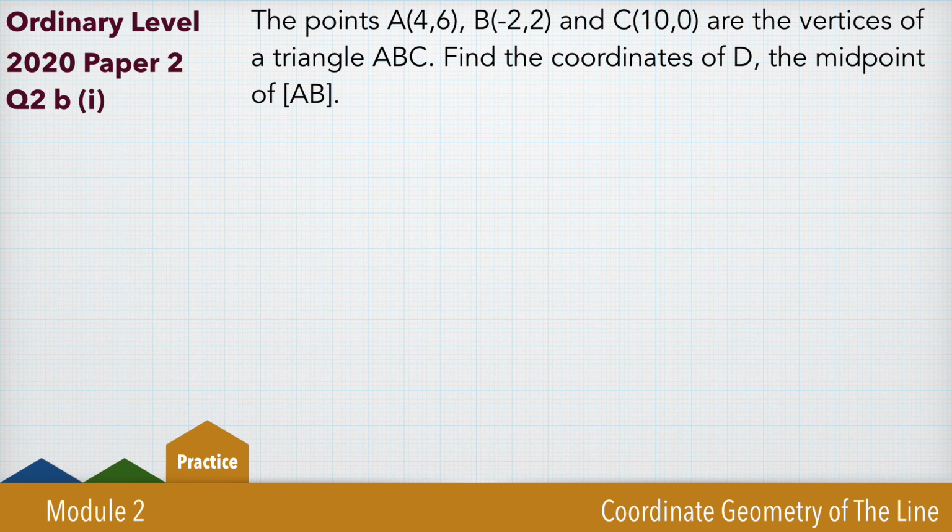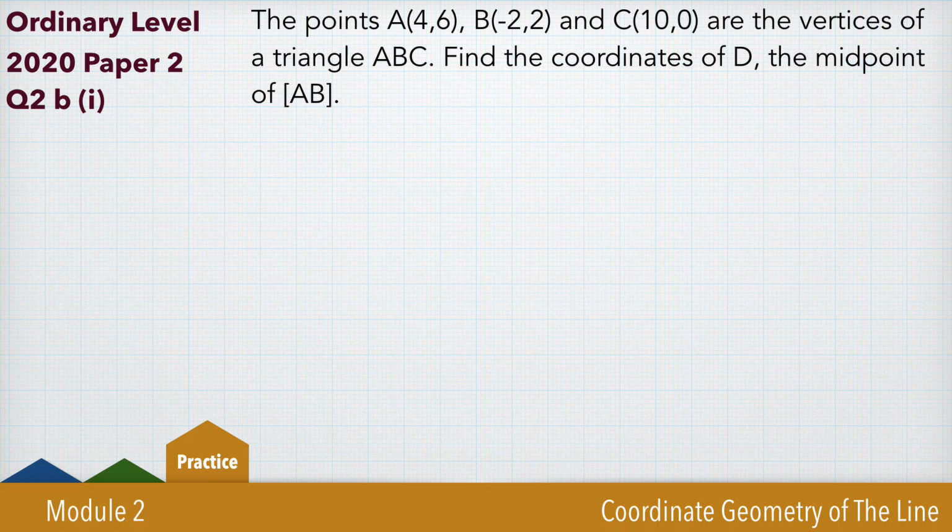Here we are given the coordinates of 3 points A, B and C, which are the vertices of a triangle. We are asked to find the coordinates of D, the midpoint of the line segment AB. As we are given the coordinates of A and B, we could use the midpoint formula, but here we will practice the translation method.